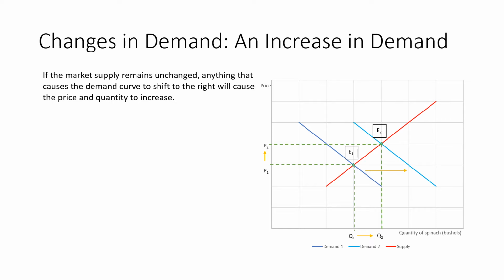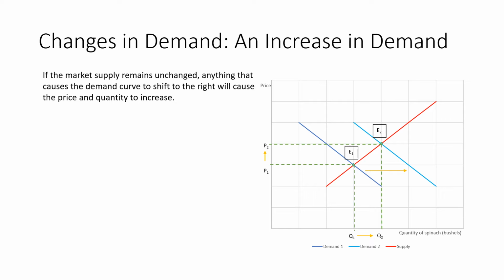To answer this question, let's first consider the equilibrium in the spinach market before the new research is announced. In our graph, we can see the market supply and demand curves for spinach.